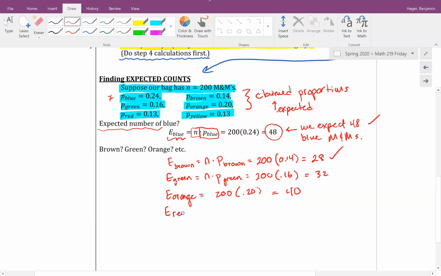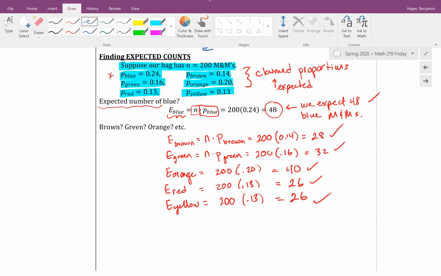The expected number of red would be 200 M&Ms times the proportion that are supposed to be red. That would be 26. And the expected number of yellow, same deal, 200 M&Ms, 13% are supposed to be yellow, another 26. So all of these are greater than 5.